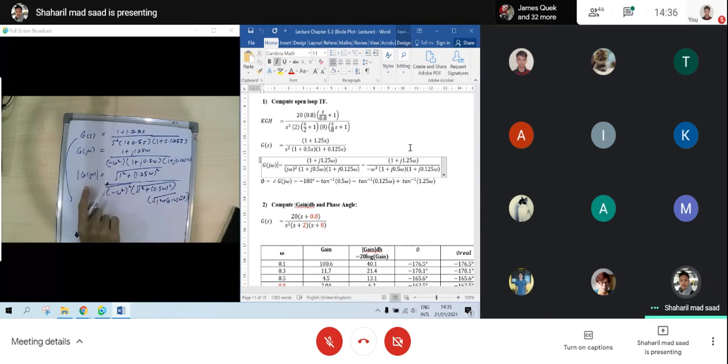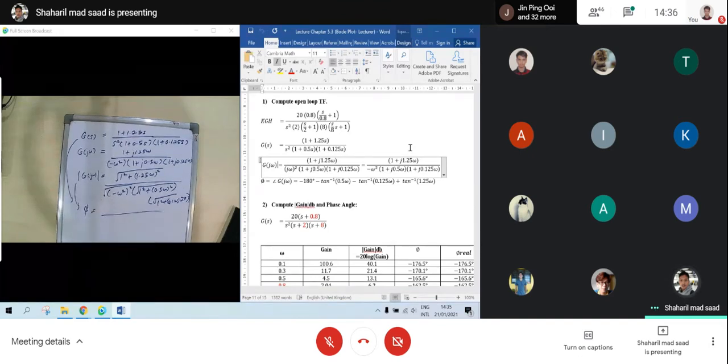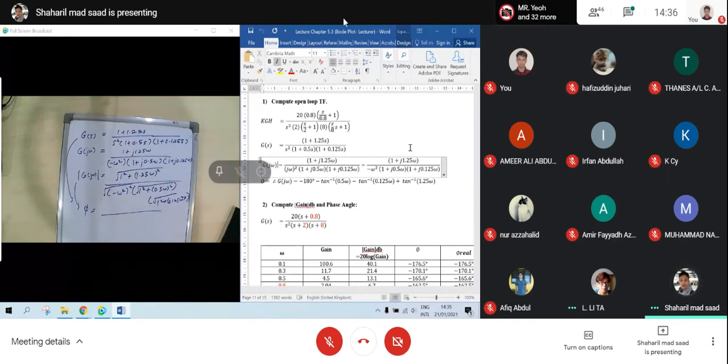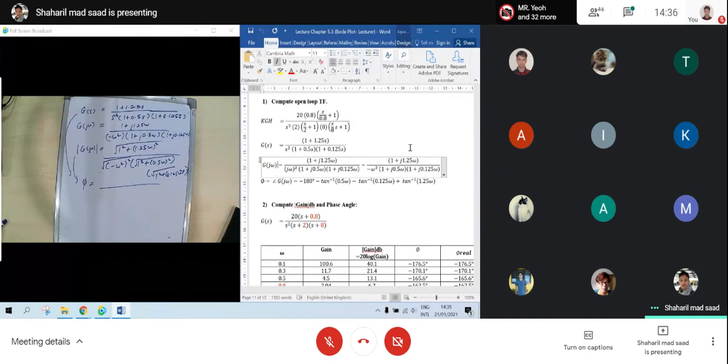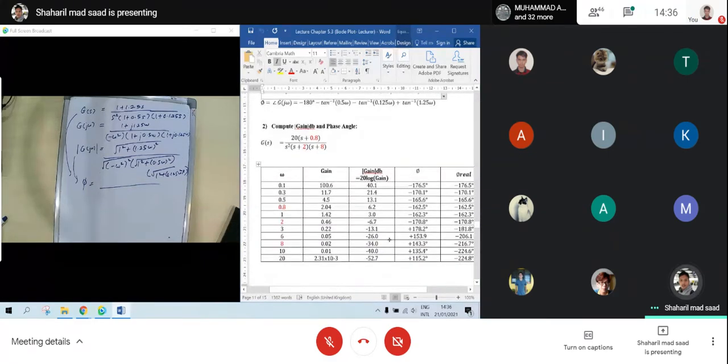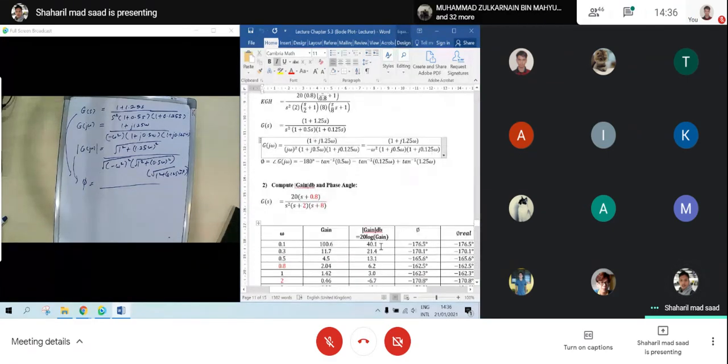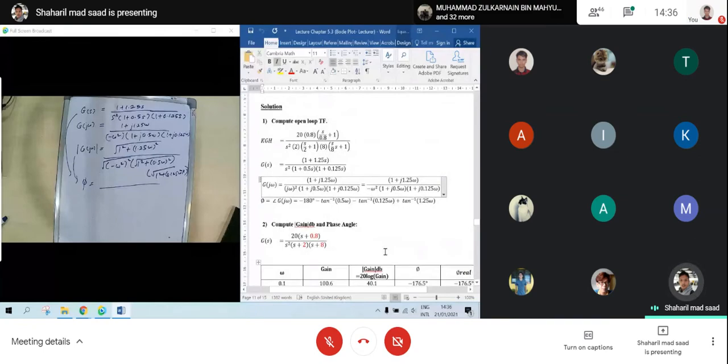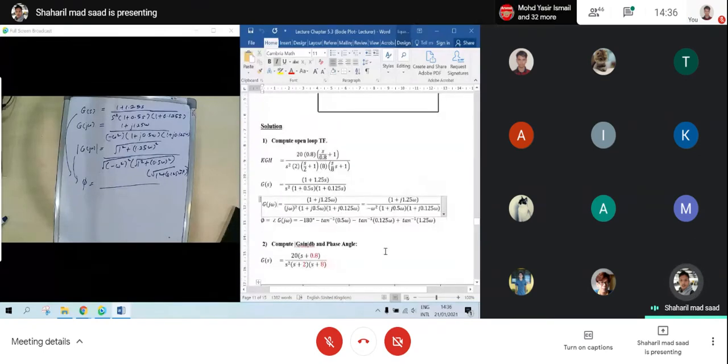Try to write the magnitude and also the phase angle, because if you don't write it or do this wrongly, you will lose the mark there.